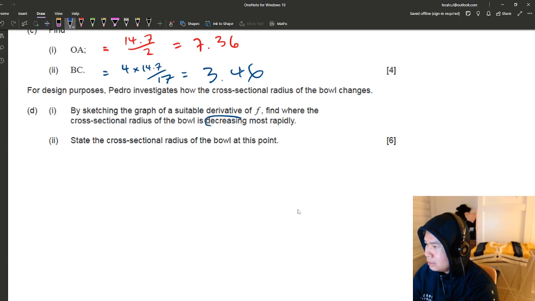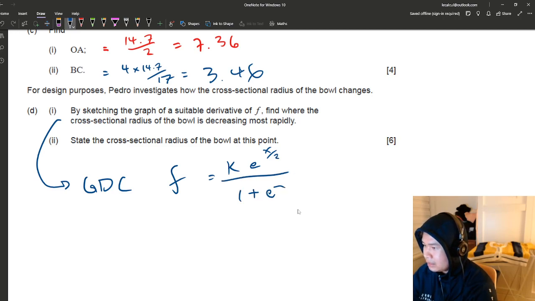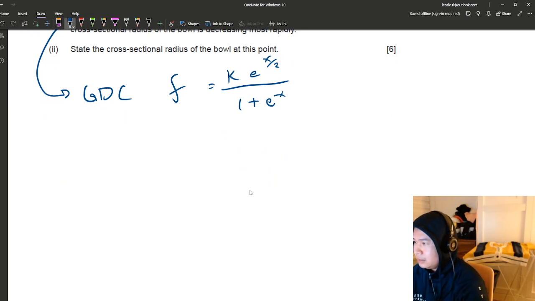Decreasing. Okay, whatever. We're gonna graph the derivative. Okay, so what was my function? k e to the x over 2, over 1 plus e to the x. So take the derivative of this, which is the quotient rule.